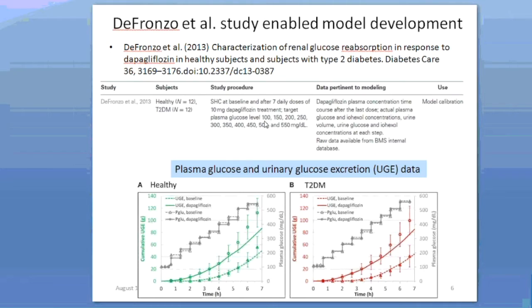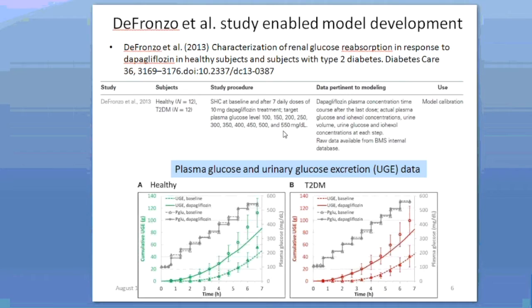Under this procedure, the plasma glucose level was escalated stepwise from 100 to 550 milligram per deciliter, with increments of 50 milligram per deciliter. Each step was maintained for 40 minutes.